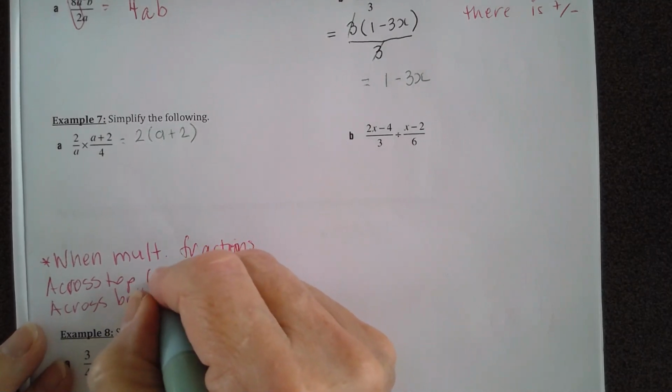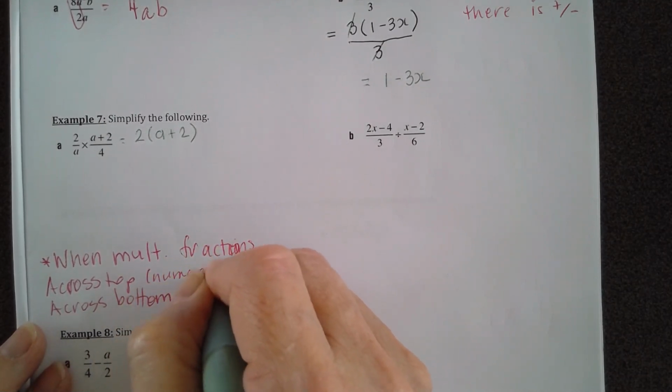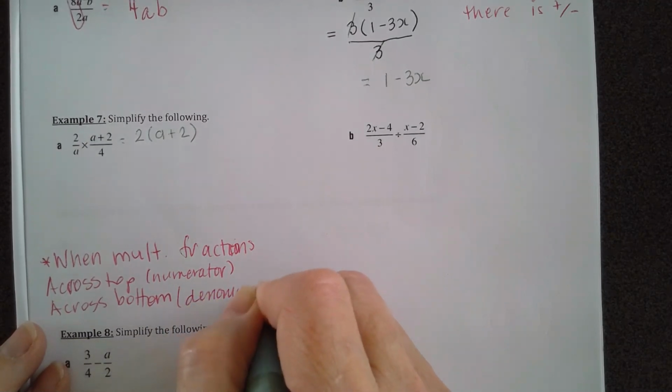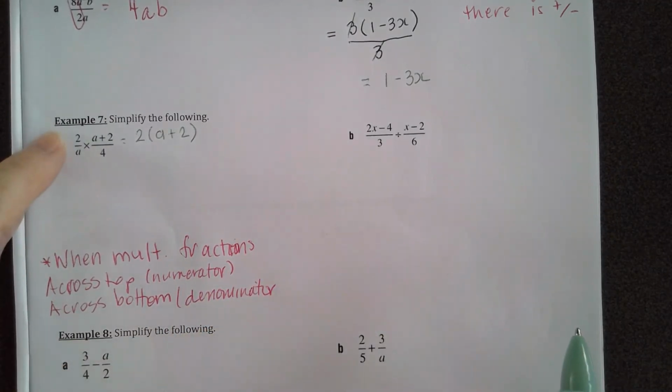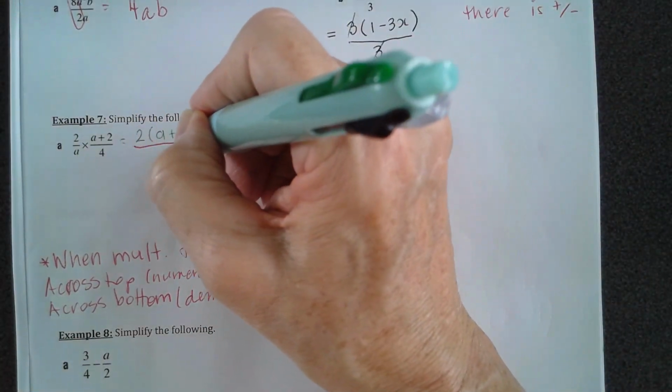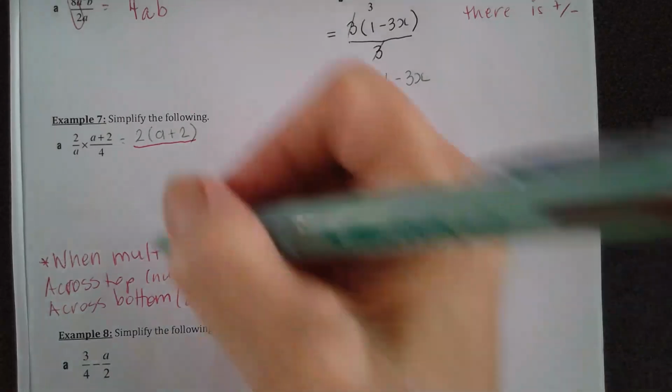So I multiply 2 times A plus 2, and I'm going to leave it like that for a second. And then I multiply on the bottom and I get 4A.